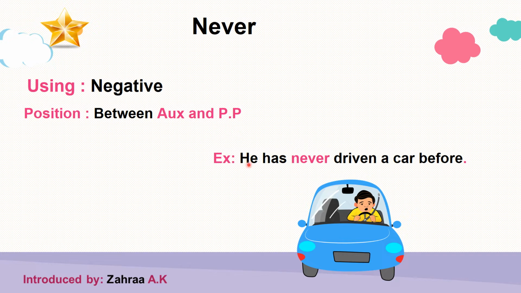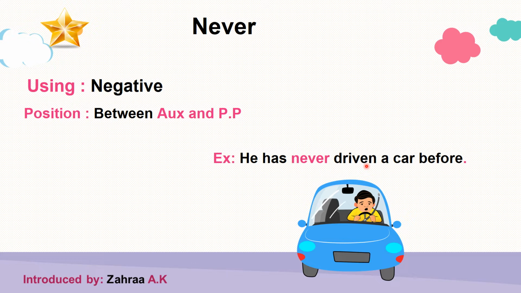Such as: He has never driven a car before. هو لم يقد أبدا سيارة من قبل. We notice never is between the auxiliary has and driven, which is the past participle of the verb drive.